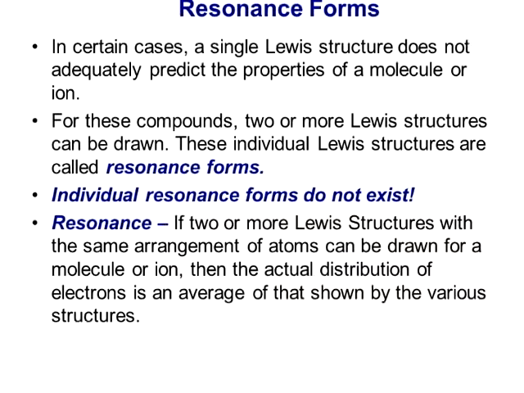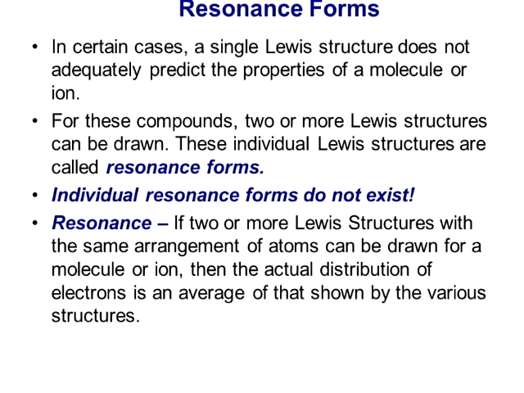That brings us to a definition of resonance. If two or more Lewis structures with the same arrangement of atoms can be drawn for a molecule or ion, then the actual distribution of electrons is an average of that shown by the various structures.